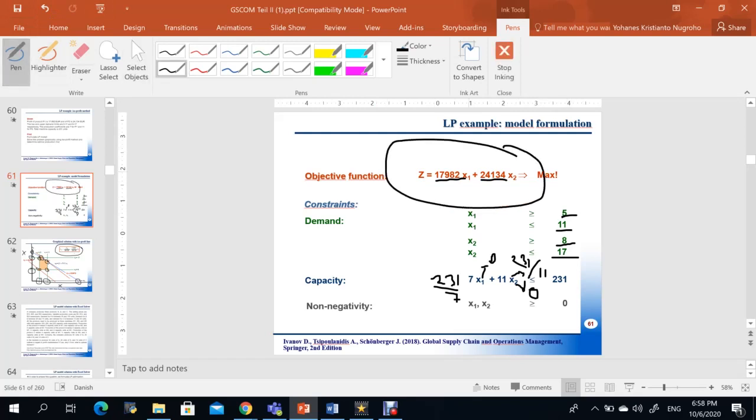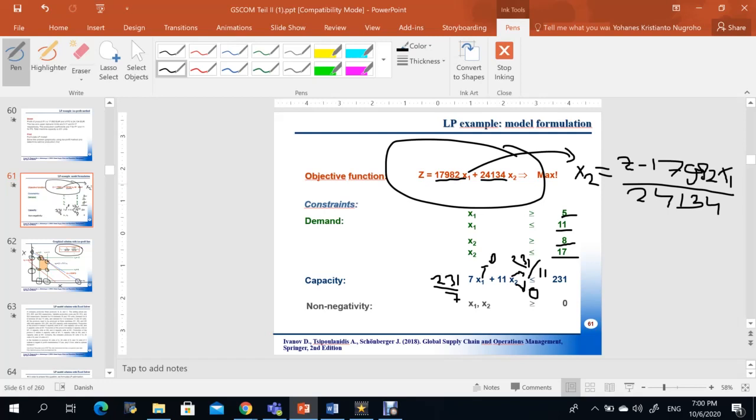So if we take out x1 here, x2 equals z divided by 24,134 minus 17,982 x1 divided by 24,134. Right?